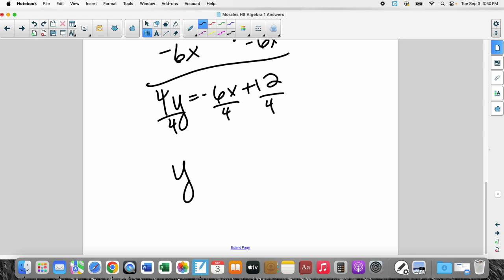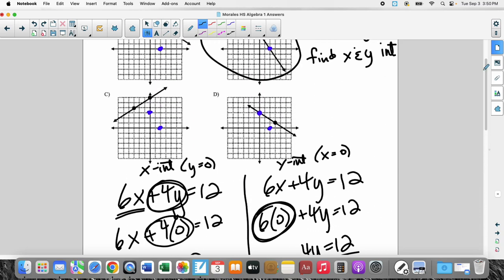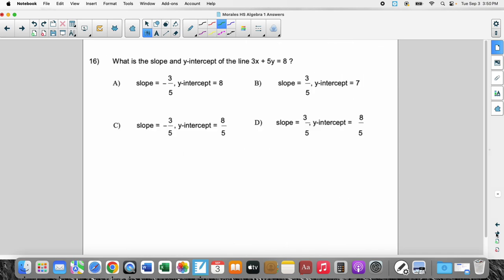And you get the equation y equals negative 3 halves x plus 3. So my y-intercept equals 3, and my slope equals negative 3 halves. The y-intercept of 3 is still this, and my slope of negative 3 halves is down 3, right 2. And it still takes me to there, and that would be another way you could have done it.